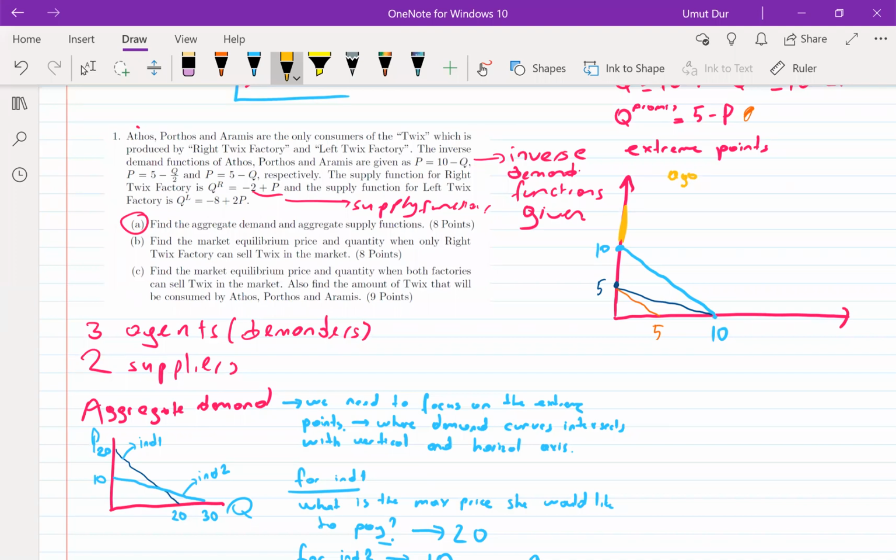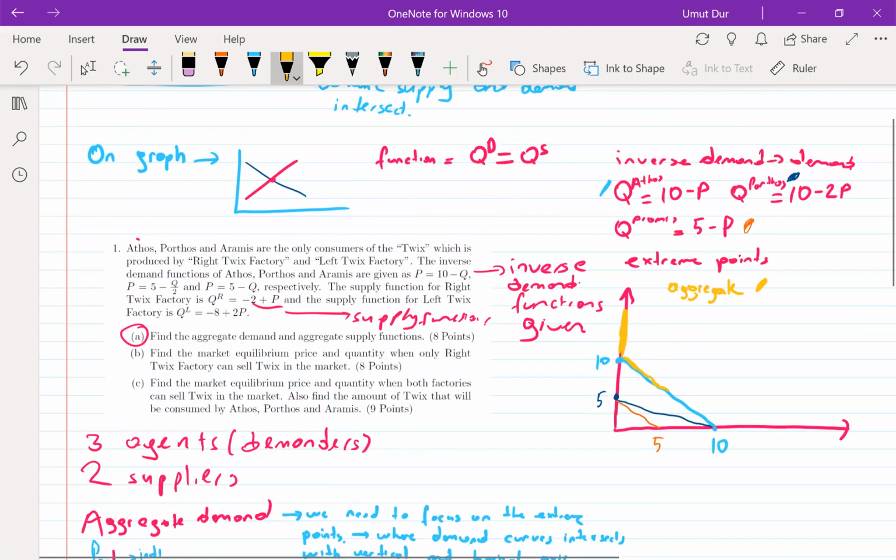When the price is greater than 10, nobody demands. After that, we will have exactly the demand curve of the first individual, Athos, up until the price is 5.